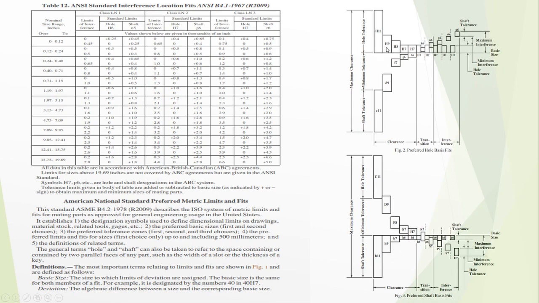And these capital letters we use for the hole, and these small letters we use for the shaft. So there are two types of these tolerance systems: one is the hole basis fits and limits, the second is the shaft basis fits and limits.